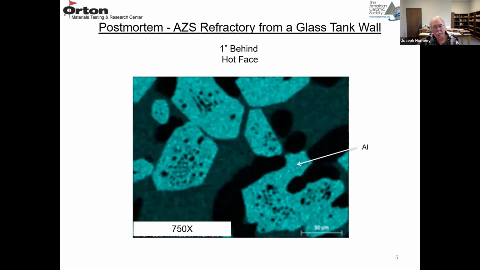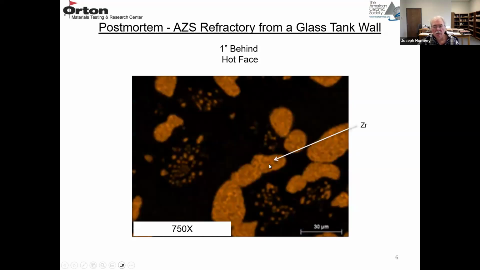So we can map the different elements. This is aluminum in turquoise. So you can see where the alumina crystallized. The black holes are where the precipitates are. And then you can see some alumina also in the matrix, in the glass. And the black is where the zirconia crystals are. So the orange color here is Zr.